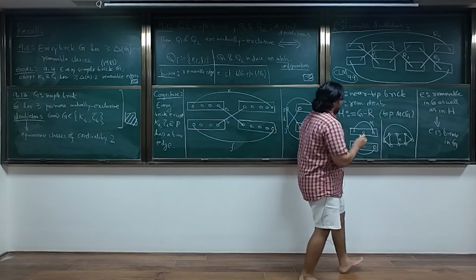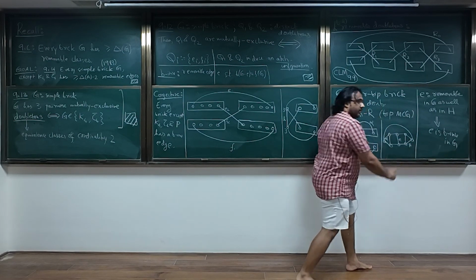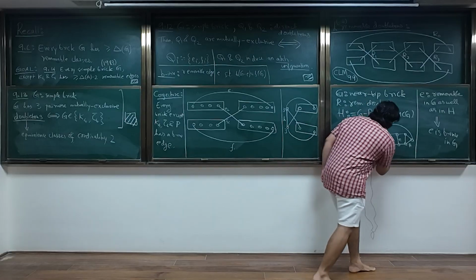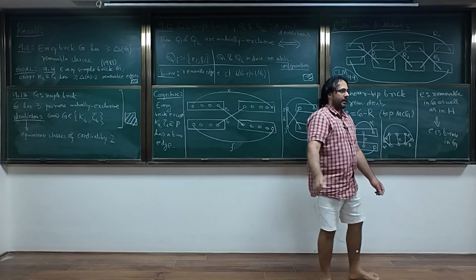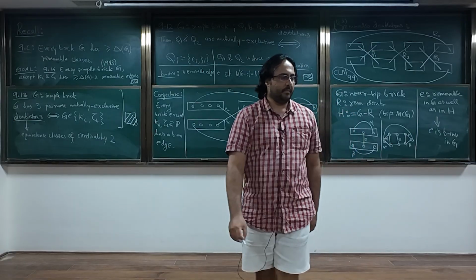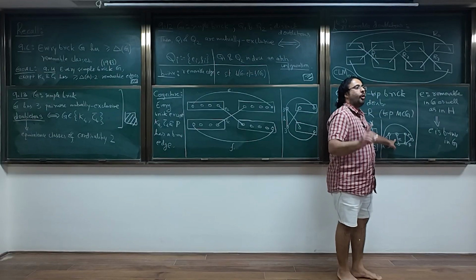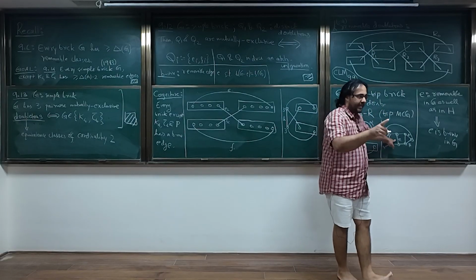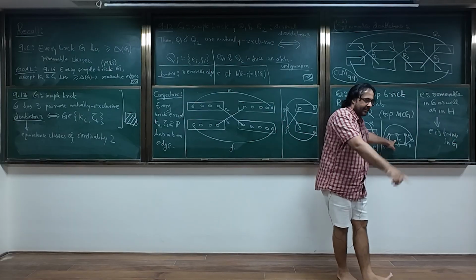There are two removable doubletons, alpha, beta, call this R, and alpha prime, beta prime, call this R prime. This edge E is actually removable in all three graphs. It is removable in G, in G minus R, and in G minus R prime.